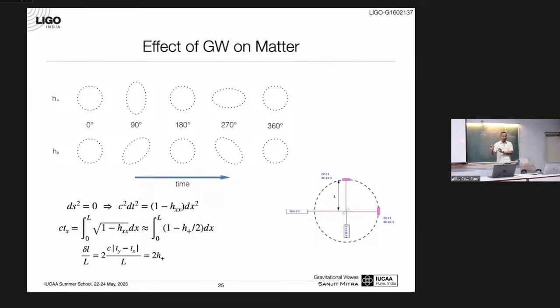So if you go to that tangent plane, which corresponds to a freely falling frame, a locally flat inertial coordinate system, then this ds squared will transform to something. But there, since it is locally inertial, you know that ds squared has to be 0. And a change of coordinates does not change a scalar, so ds squared is going to be 0 everywhere.